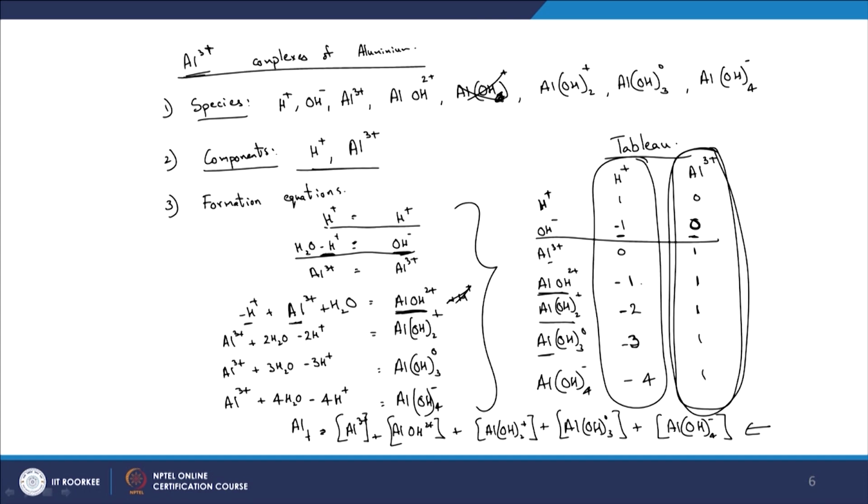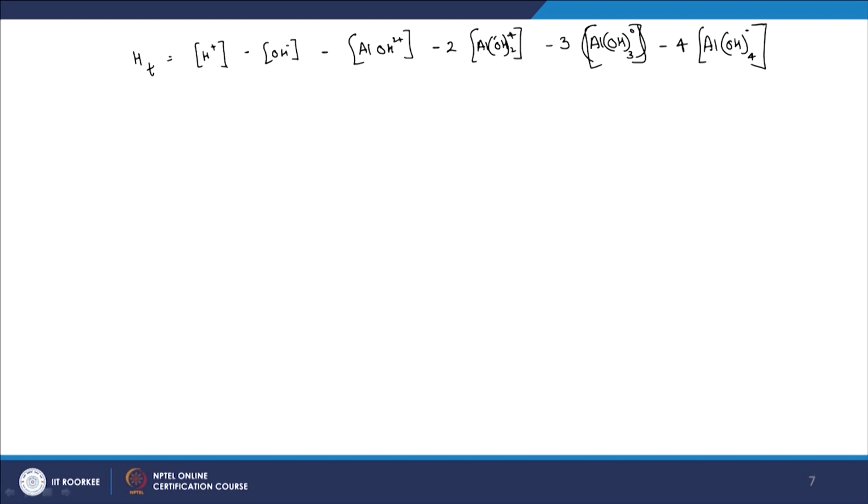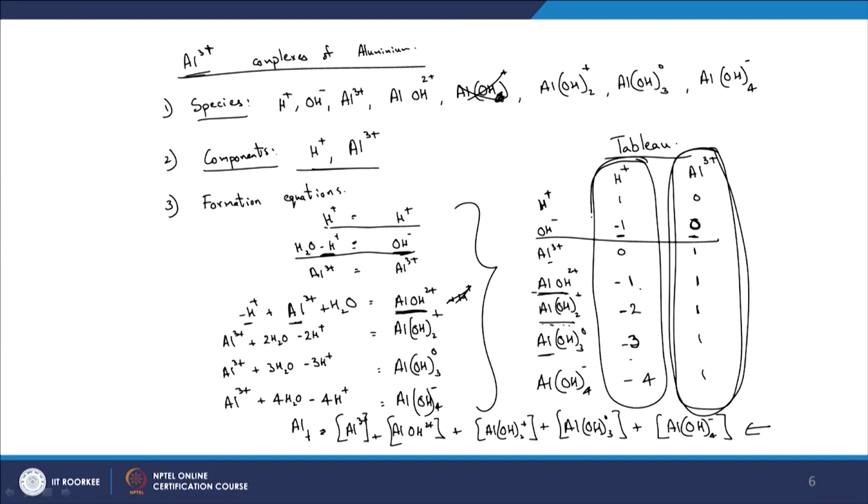So that is what you see here: minus 1 for AlOH2 plus, you need minus 2 H plus for forming AlOH2 plus, minus 3 and so on, and that is what I plugged in here. H total is nothing but H plus, minus OH minus, and minus 1 times this, minus 2 times this, and so on. Again, where did we get that from? From our total component balance equation.